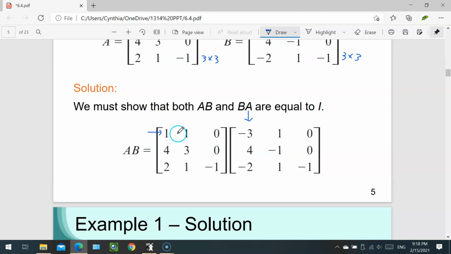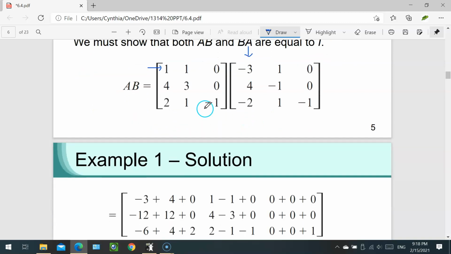So we will have row 1, column 1. Looking at the example here, I have 1 multiplied by -3 plus 1 multiplied by 4 plus 0 multiplied by -2. So this will be row 1, column 1. Now we move to row 1, column 2.